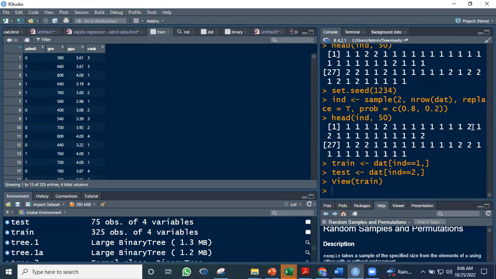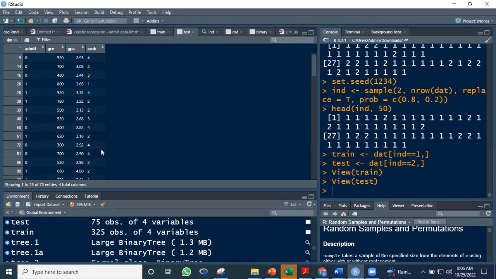The next group 2 is 14. All right? And then if I check our training data set and testing data set, okay, there are only 75 observations, and it's from 5, 14, 16 of the original 80 data set.